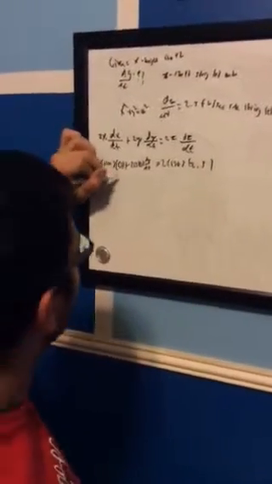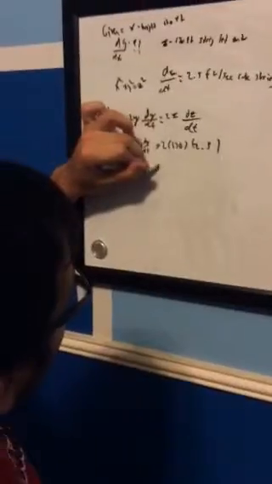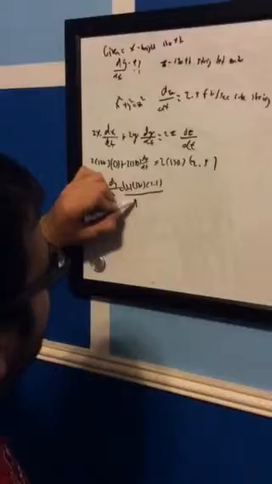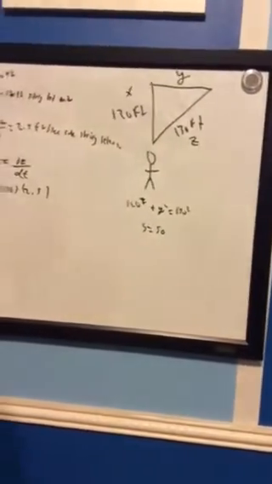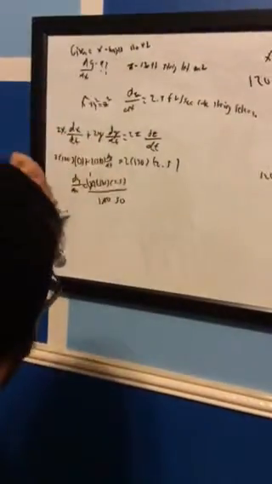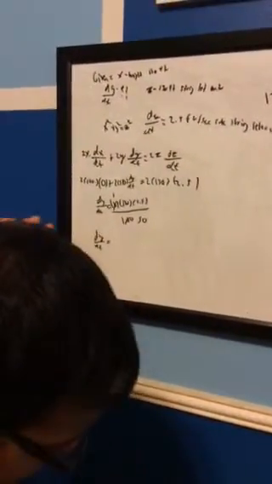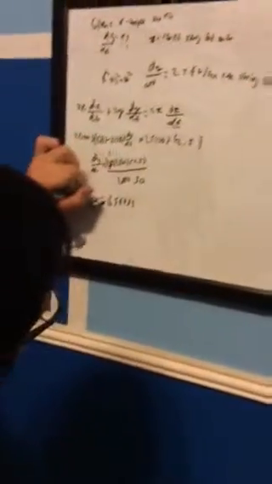So it comes out to be dy/dt is equal to 2 times 130 times 2.5 divided by 100. So you can simplify this. dy/dt is going to equal 6.5 feet per second.